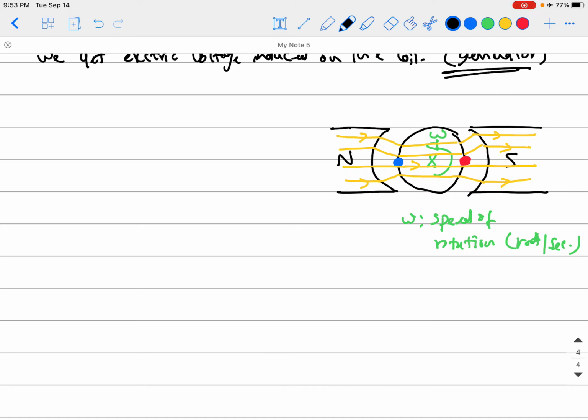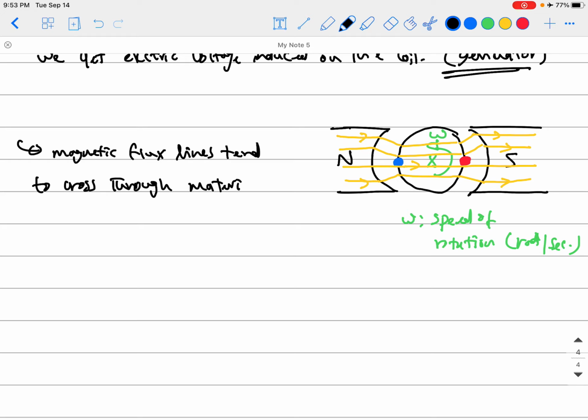The magnetic flux lines tend to cross through materials with higher magnetic permeability.